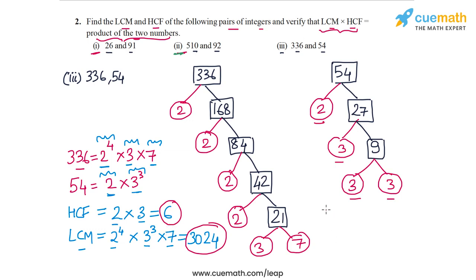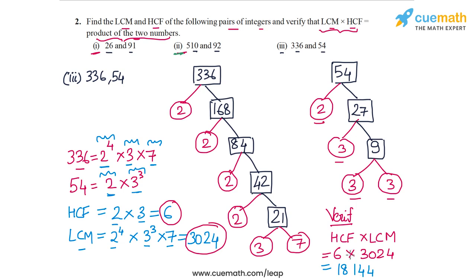So the HCF is 6 and the LCM is 3024. Now let's verify whether the relationship that HCF times LCM is the product of the two numbers holds true or not. So HCF times the LCM will be equal to 6 times 3024. So this will be equal to 18,144.